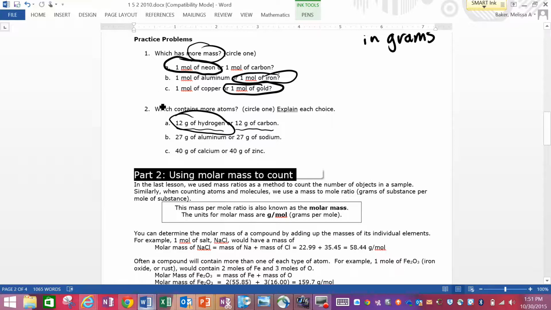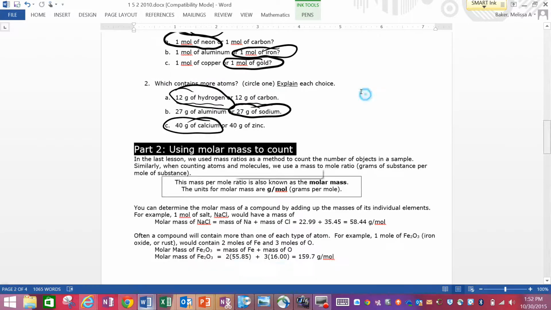What about aluminum versus sodium? Sodium atoms are smaller. So you would need more of them to equal the 27 grams. Calcium is smaller than zinc. The smaller the atom, the more there would need to be to make up the same mass as the larger atom.